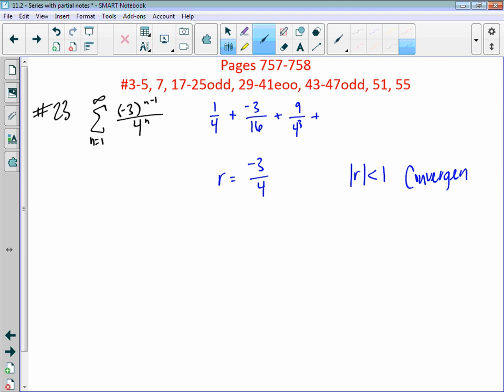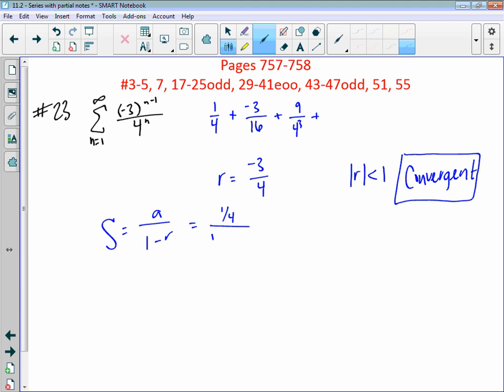And I believe it says if it's convergent to find its sum, but that's the first part of that. Determine whether it's convergent or divergent. Yep, and then to find the sum of a geometric, you just do A over 1 minus R. So our A value is what? 1/4. Okay, it's just your first value.